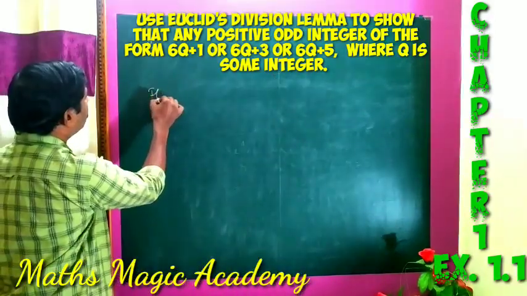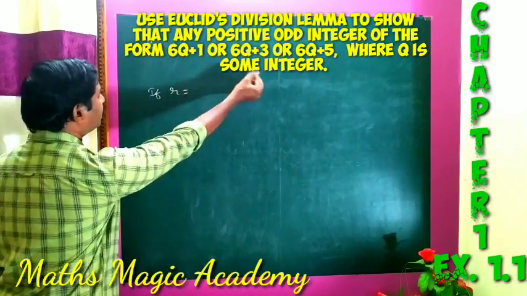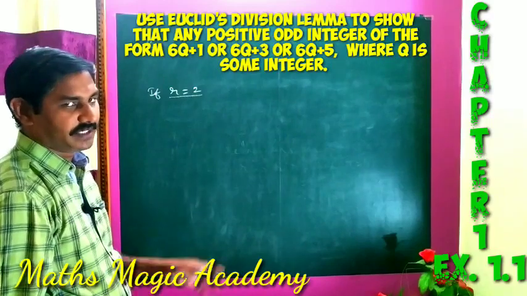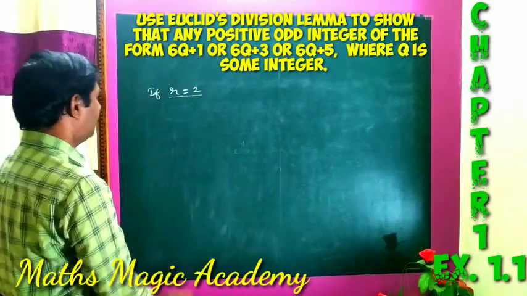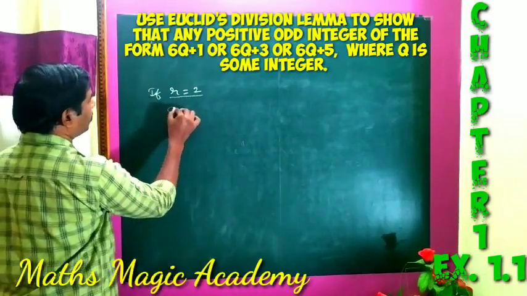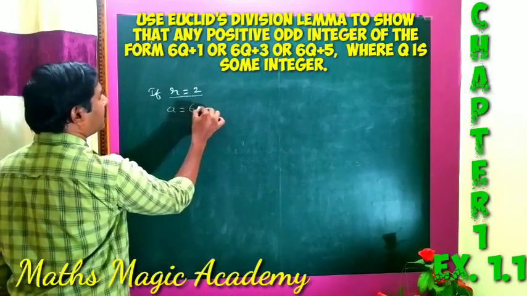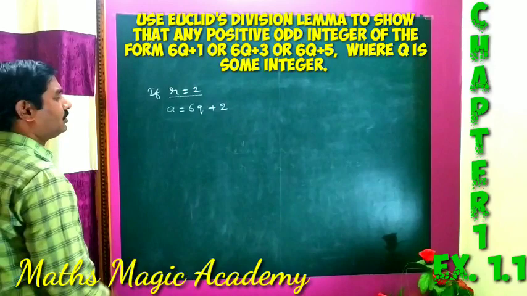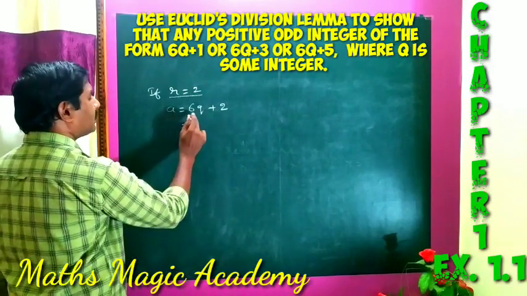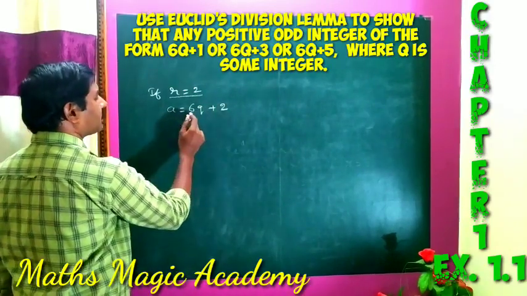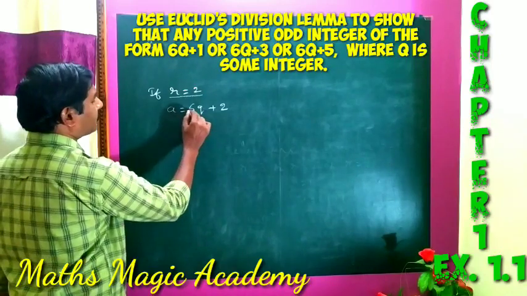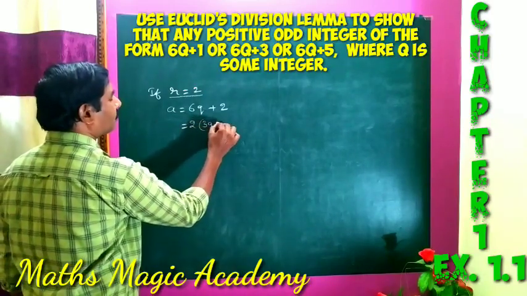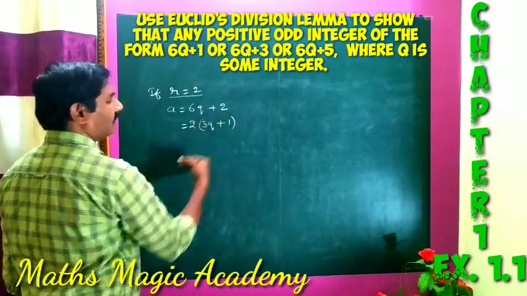If r equals 2, r equals 0 and r equals 1 are already completed. Now if r equals 2, then a equals 6q plus 2. The remainder changes to 2. If we take 2 common, 2 threes are 6, so 2 common, then the remaining thing is 3q plus 1.